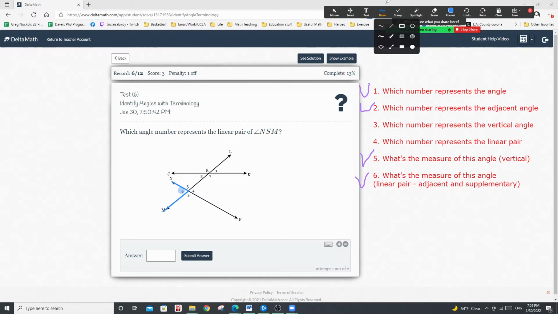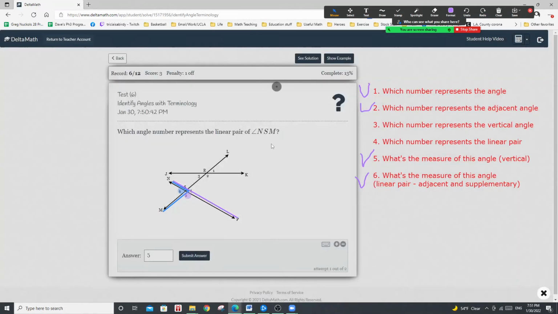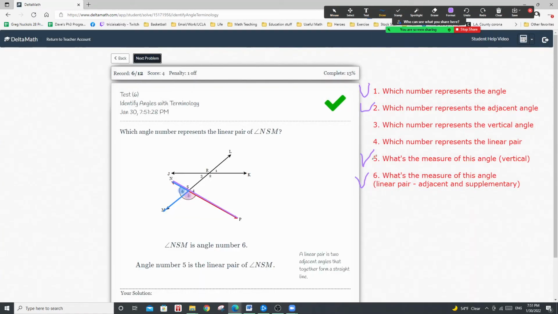Once again, linear pair means we want to form a line. So the angle that will form a line is angle 5, and I'll show you why. Let's draw out this line. If I extend it, both 6 and 5 are on the same side of this line. So 6 and 5 form a linear pair, and 5 is a linear pair of NSM. Cool. All right, let's see if we can find the last one, which is the vertical angle.